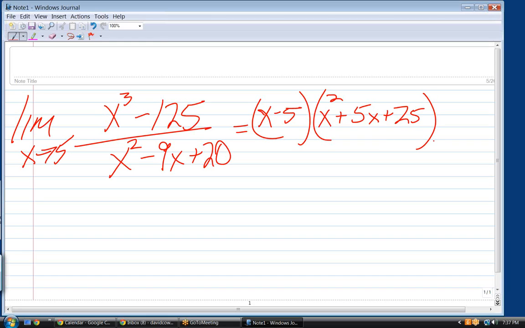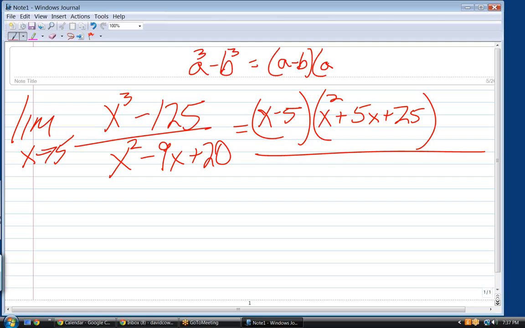In other words, the formula for difference of perfect cubes is a minus b times a squared plus ab plus b squared. That's what you've got to remember.